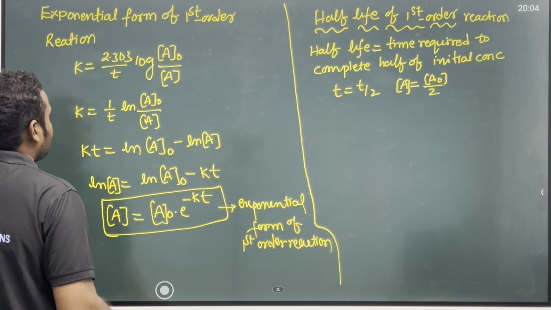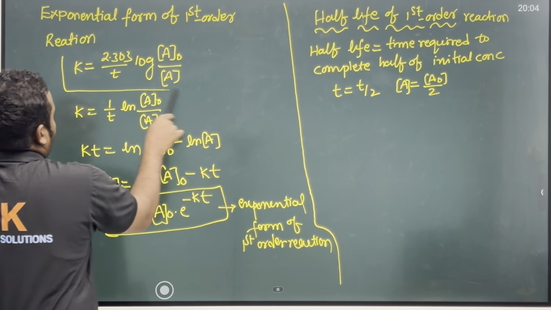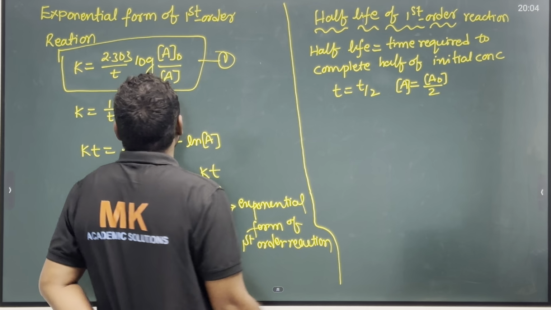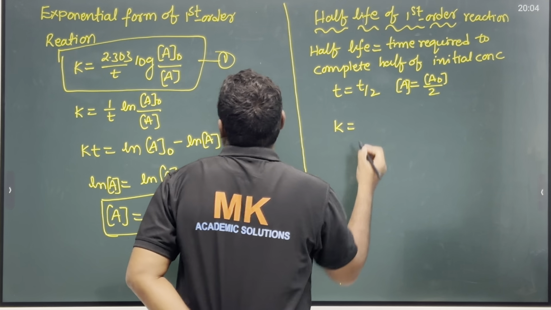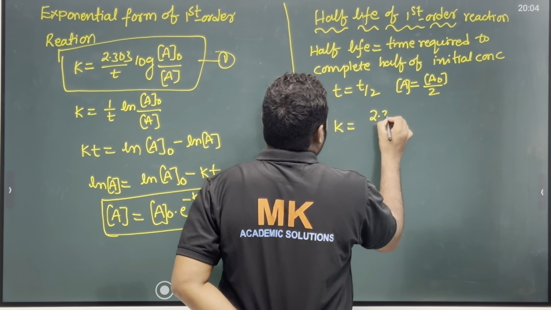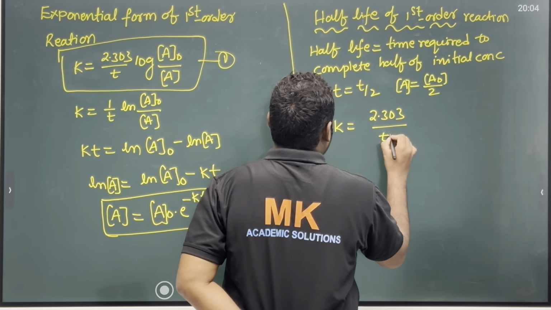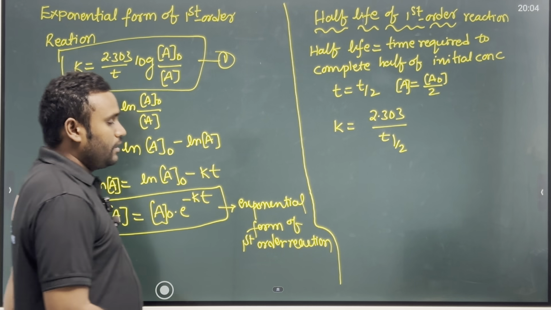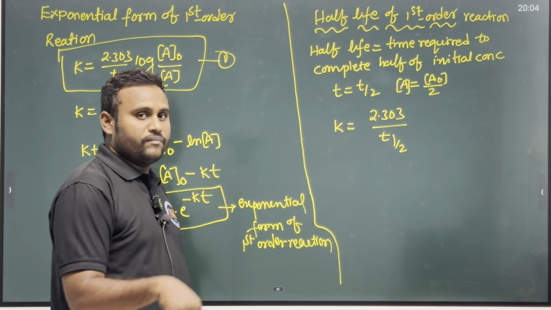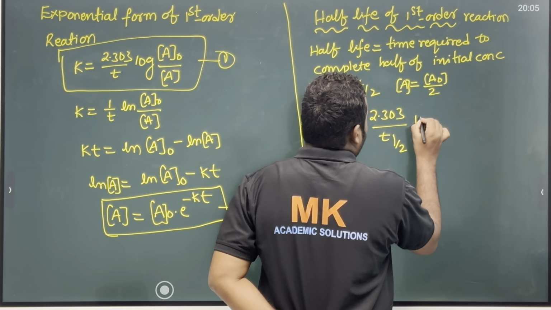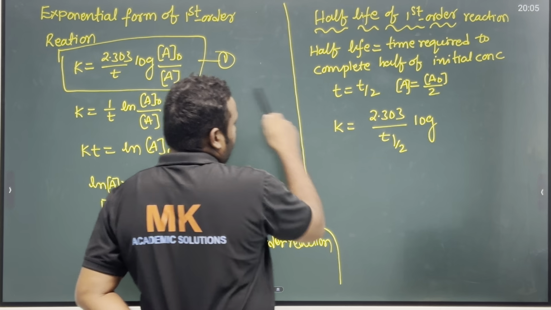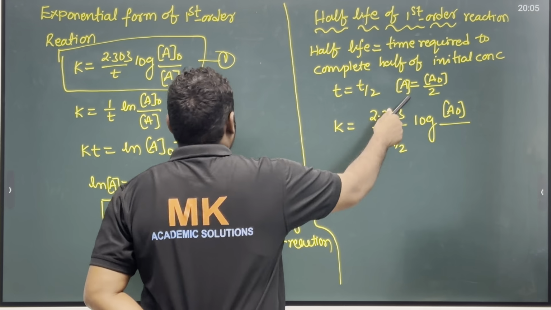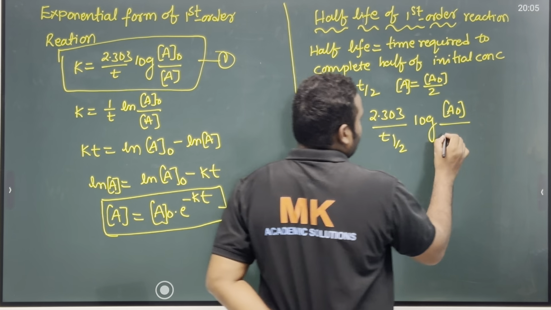K is equal to 2.303 by t half, log A naught by A naught by 2.